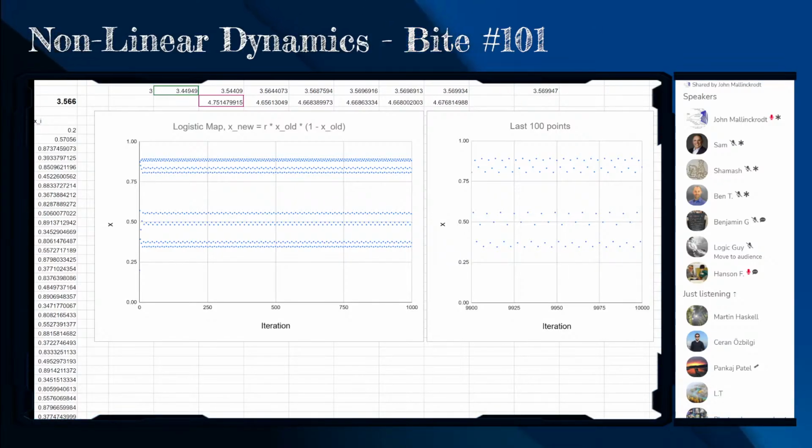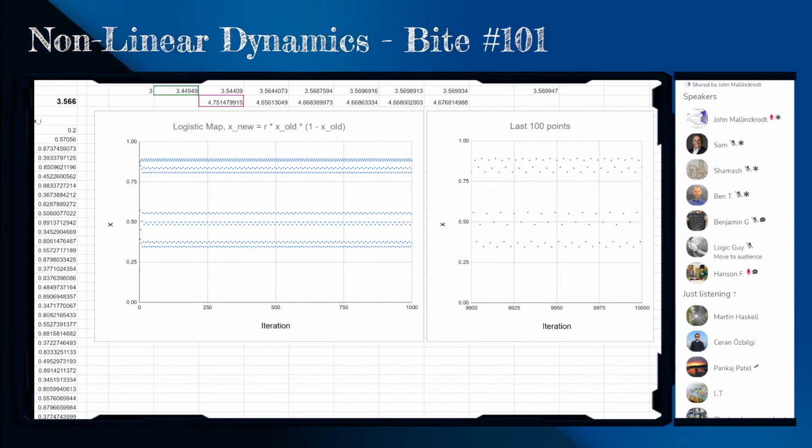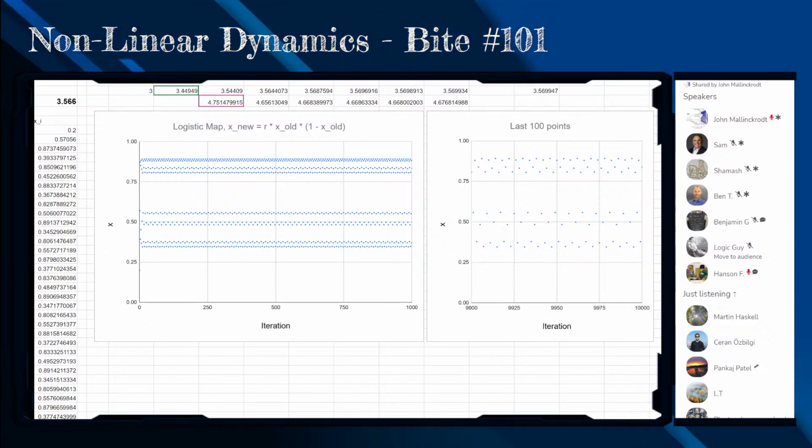That 4.75, the first number, is what you get if you divide 3.44949 minus 3, the distance from the first period doubling to the second, by the distance from the second to the third.